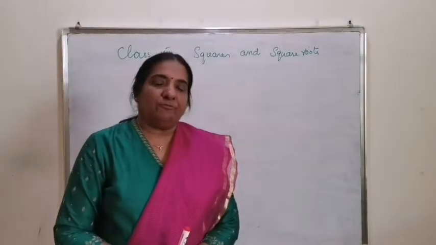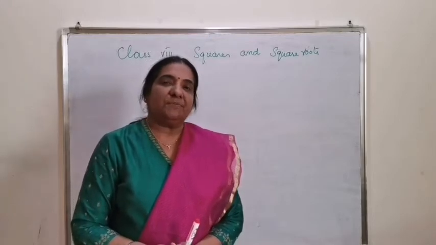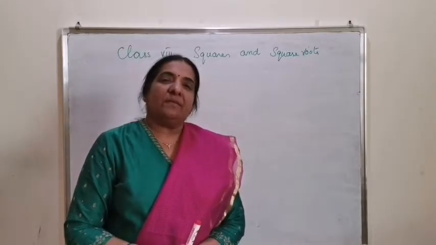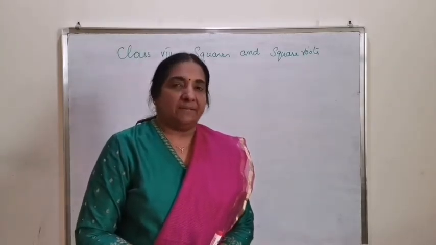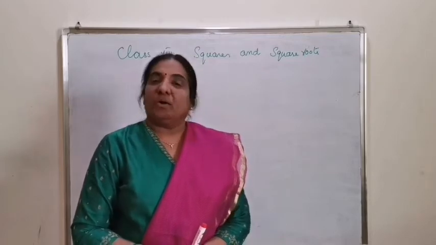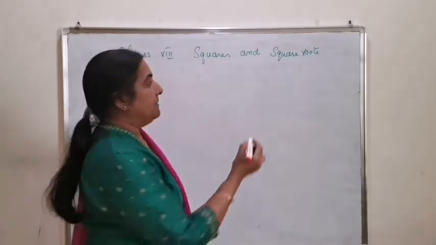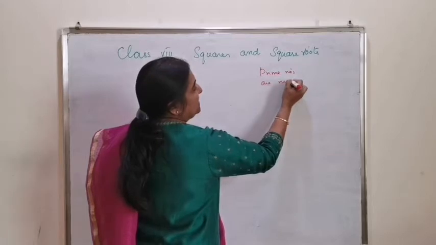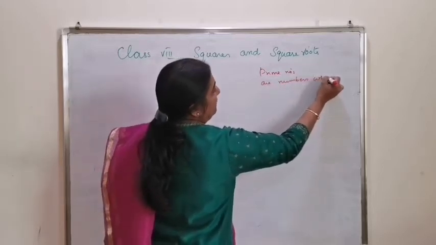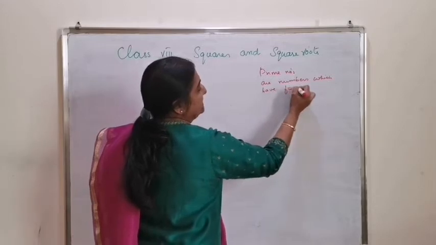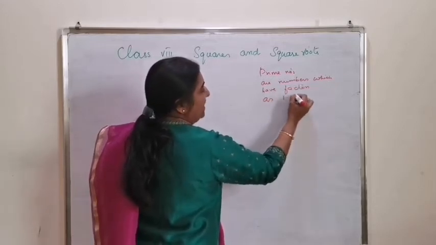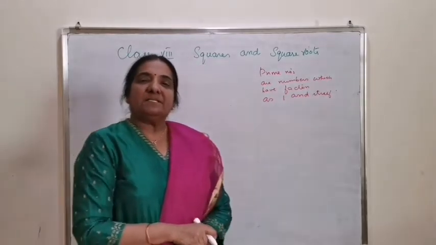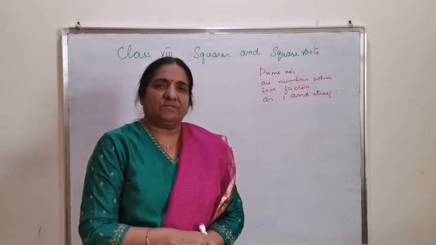When the square root of perfect squares which are larger numbers is to be found, the repeated subtraction method will be time consuming. The second method is by prime factorization. What are prime numbers? Prime numbers are the numbers which have only 2 factors, 1 and itself.